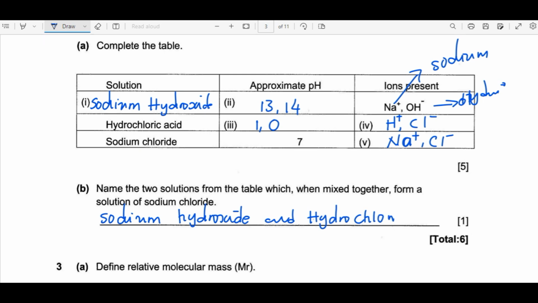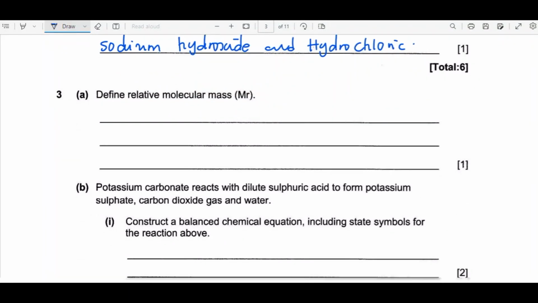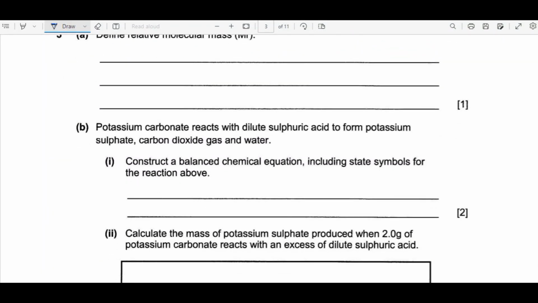This reaction is a neutralization reaction, because we are looking at a strong base and a strong acid. Whenever we have such a reaction, the products will be neutral.